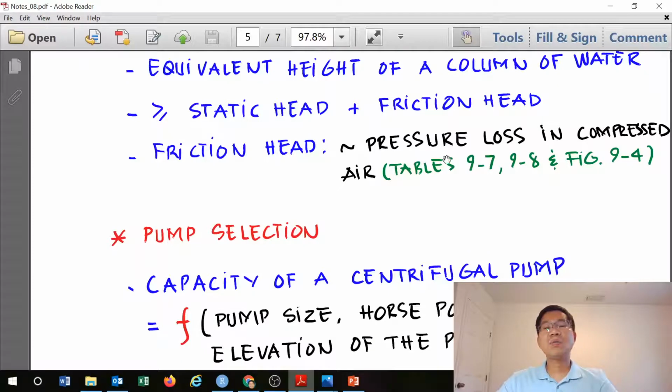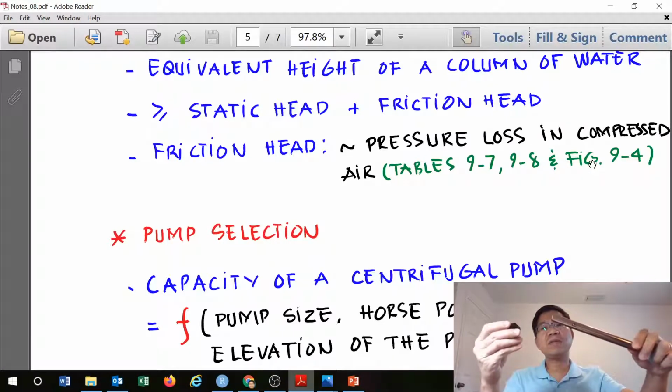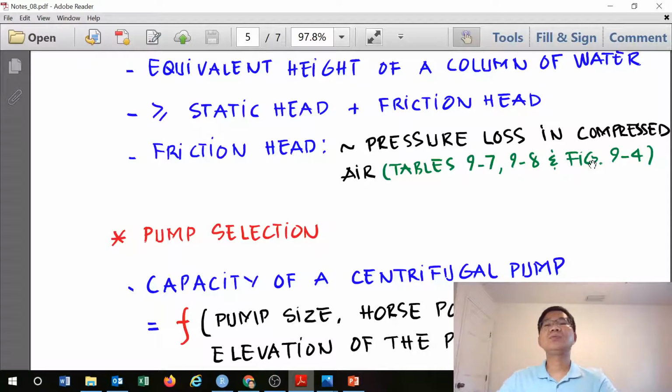For water, we use table 9.7 for the pipe, 9.8 for the hose, and then the figure for the equivalent length of the fittings, with different types of fitting, to determine the equivalent length for the pipe. When we determine friction loss, we go to the same figure that we use for compressed air, which is figure 9.4, available in the reference on the slide as well.